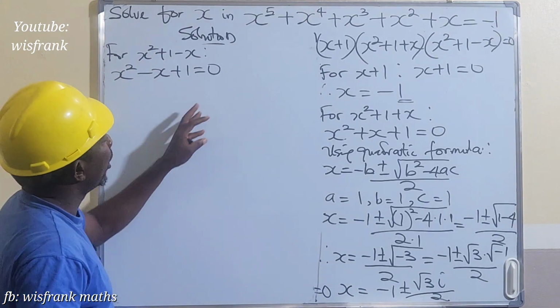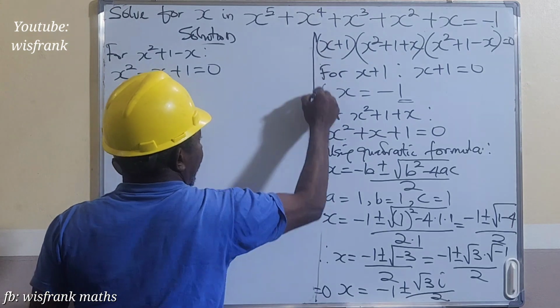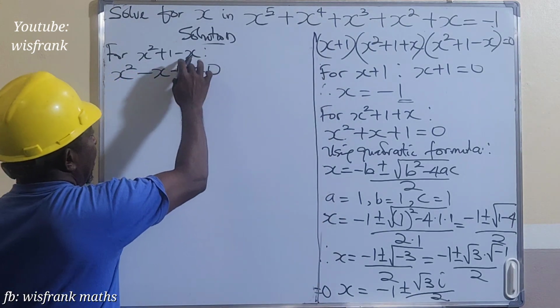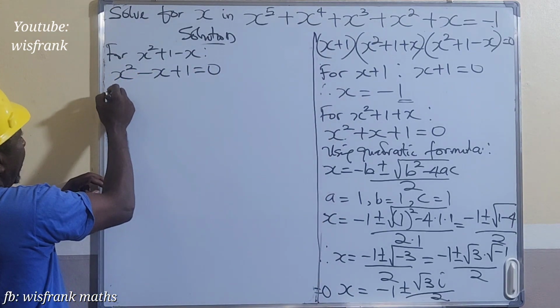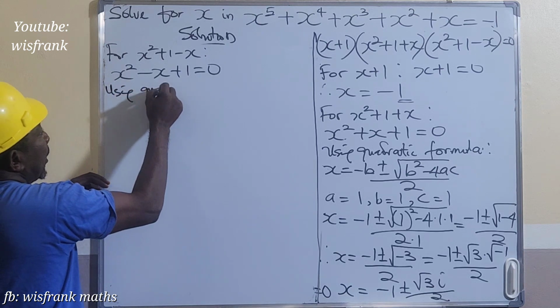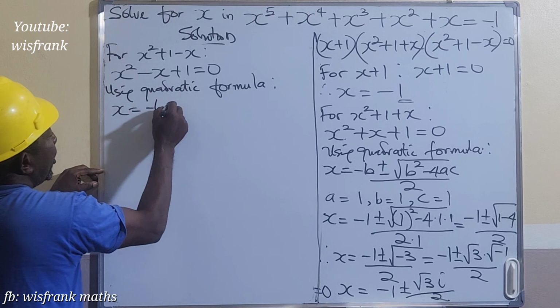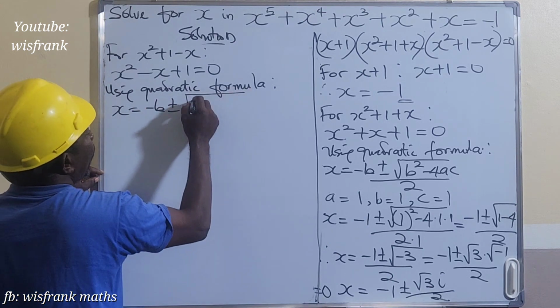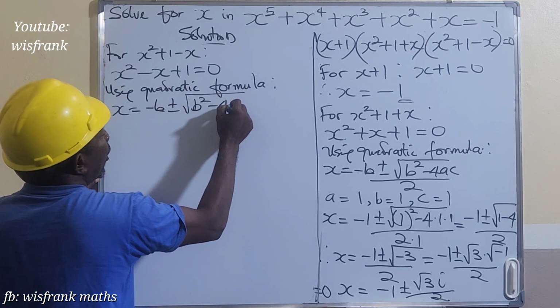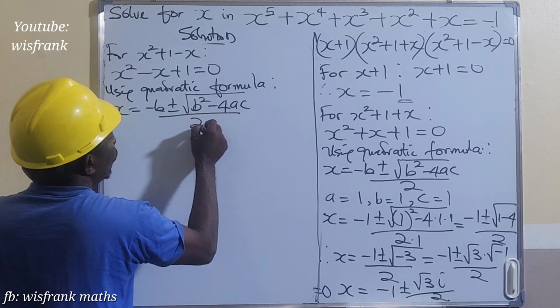We are going to use the quadratic formula to find the value of x: x = (−b ± √(b² − 4ac)) / 2a.